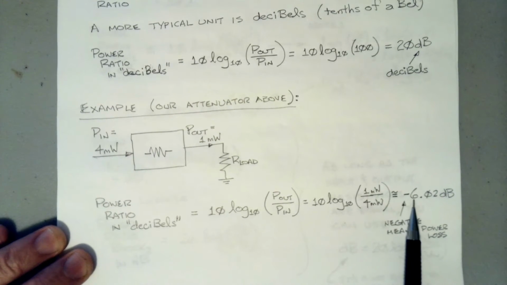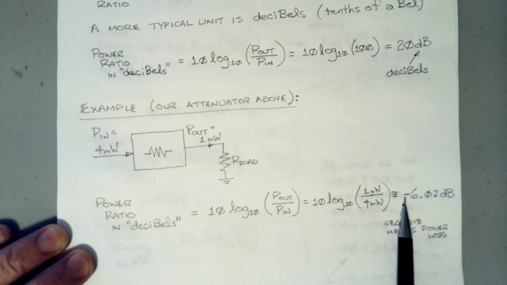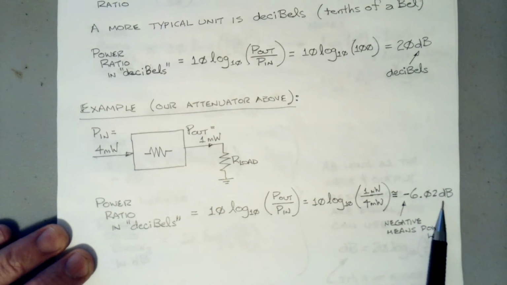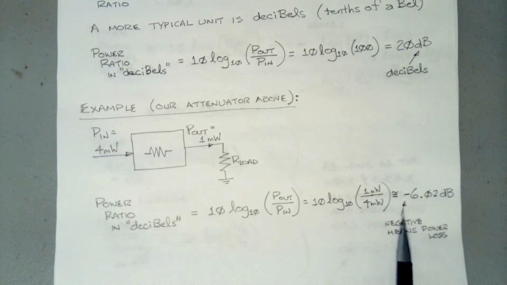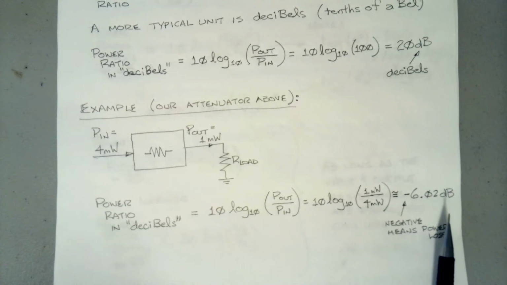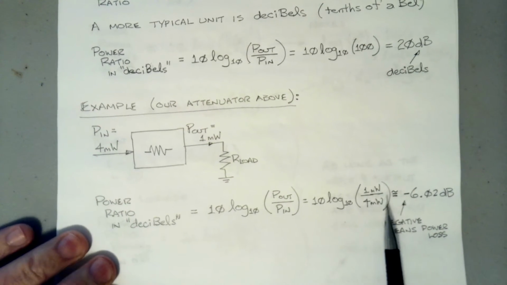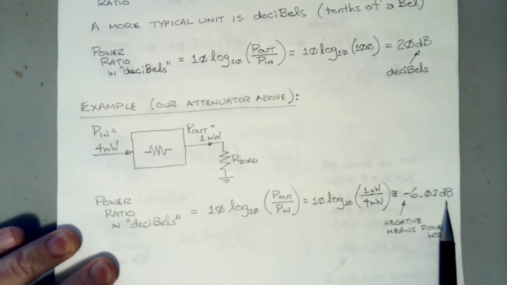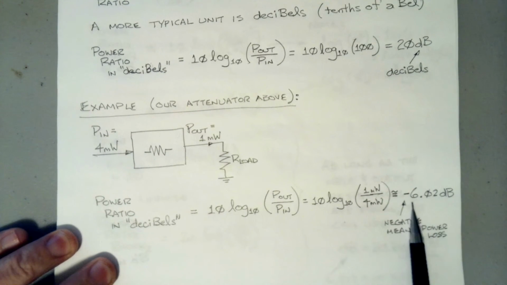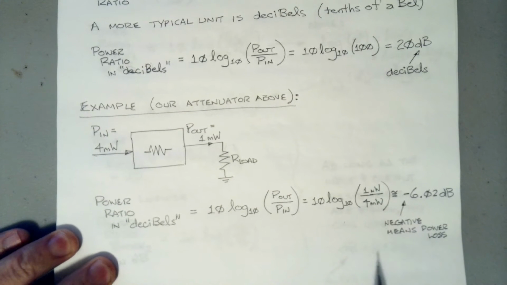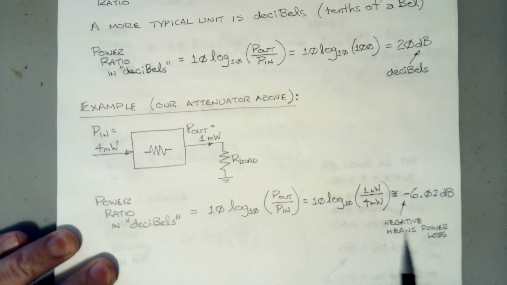The log of any number less than 1 will be negative, and we get minus 6.02 dB. A lot of people will just round this off and say that's minus 6 dB. So when you cut the power to a fourth, it's a minus 6 dB gain, or you could say it's a 6 dB loss, however you want to say it. But negative means that it's a power loss.